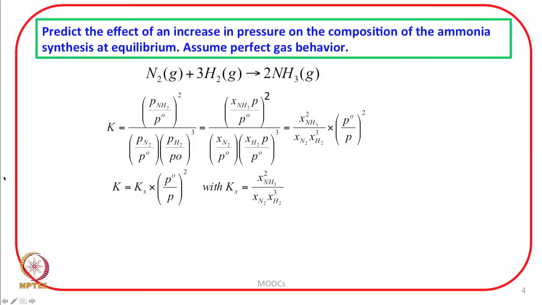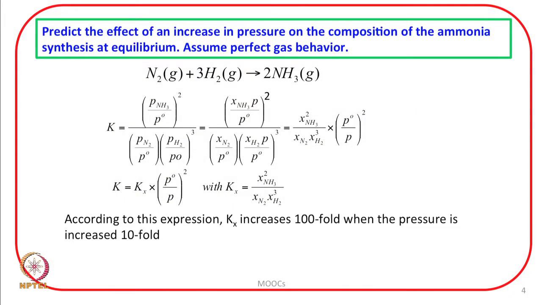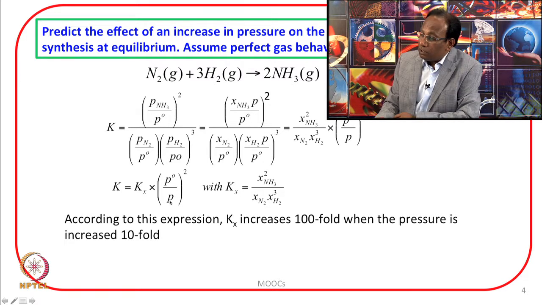Now, if we look at the slide, according to this equation, if I increase the pressure 10 times, since Kx does not depend on pressure, Kx is a constant at a given temperature, P will go on the other side and it goes as a square.